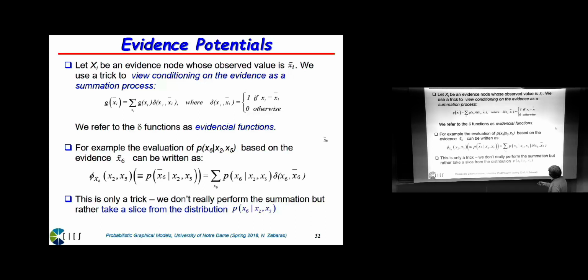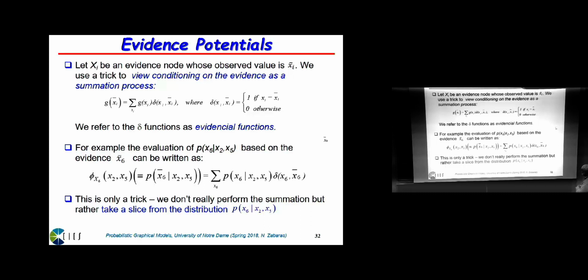So, for example, if you want to write the probability, let's say we have the probability of x6 given x2 and x5, all right? So effectively, using this evidence potential for node x6, because the node x6 is clamped to this value, you say, go and sum over x6, and obviously this summation over x6 will give you x6 bar, right? Because that's the only value x6 can take.